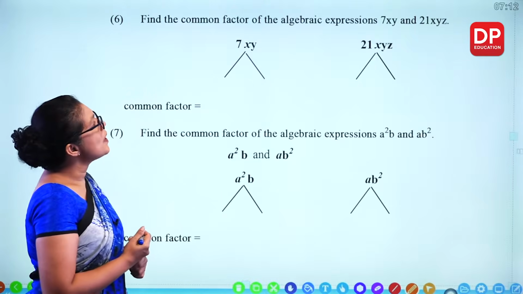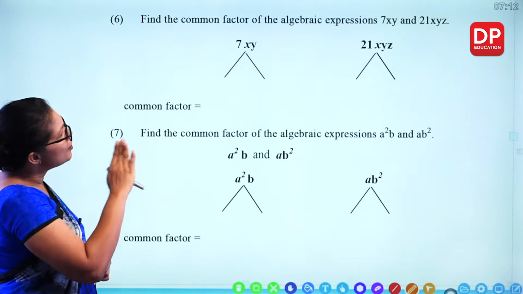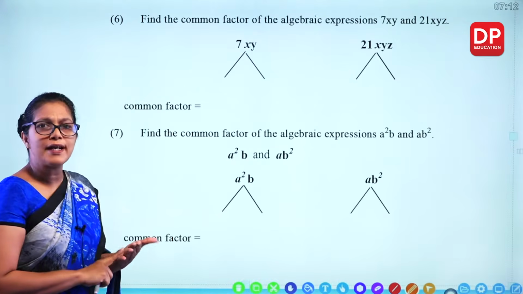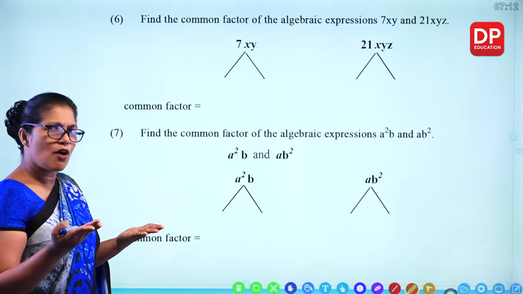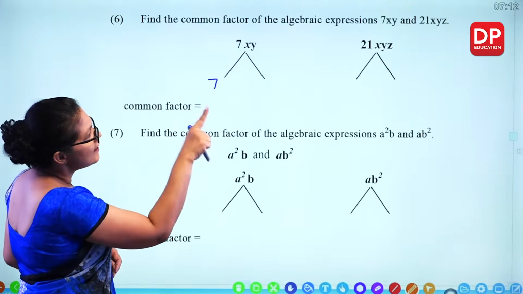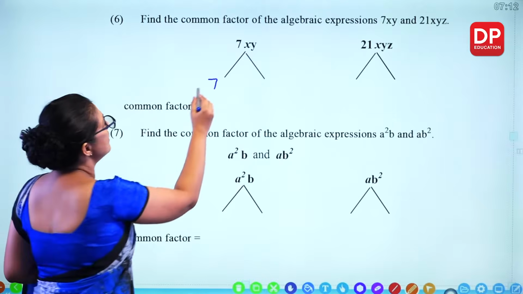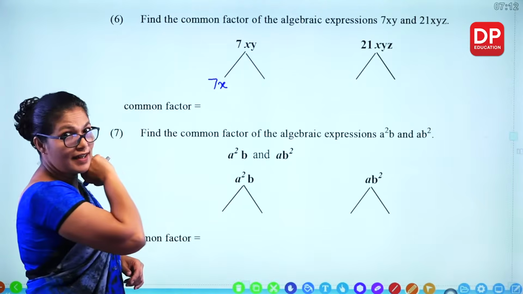Now we'll take 7xy and 21xyz. When you are trying to find factors, first look at the numbers 7 and 21. What's common? 7 is common, so we can take 7. Then look carefully at the letters. x is there and y is there.